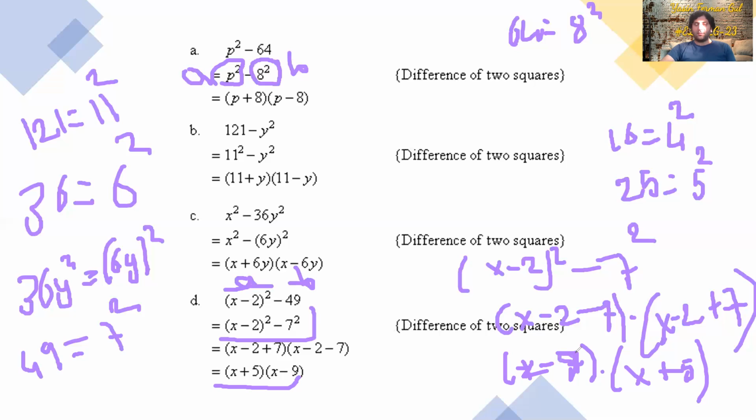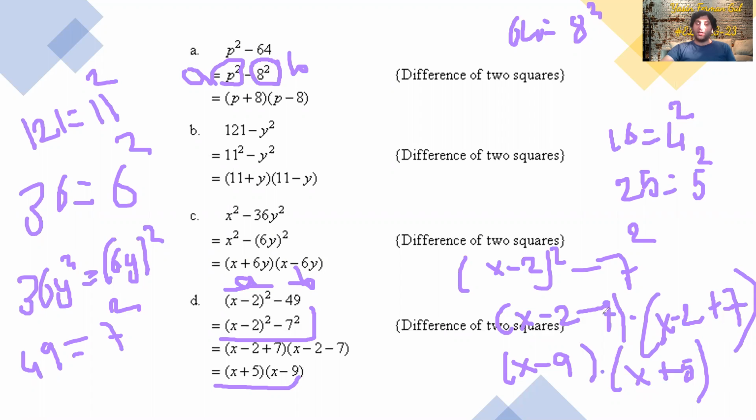Okay, let me just rewrite it. This is minus 9, because negative 2, negative 7 is negative 9. So x minus 9 times x plus 5, because negative 2 plus 7 is positive 5.